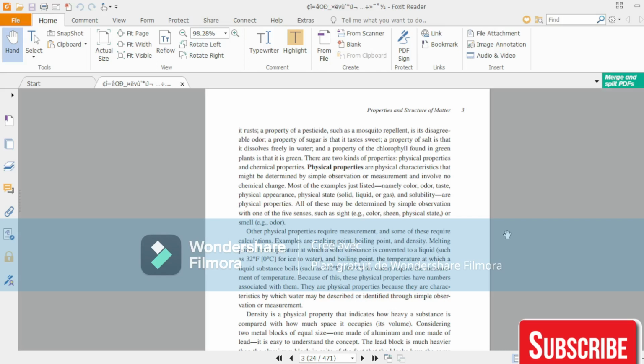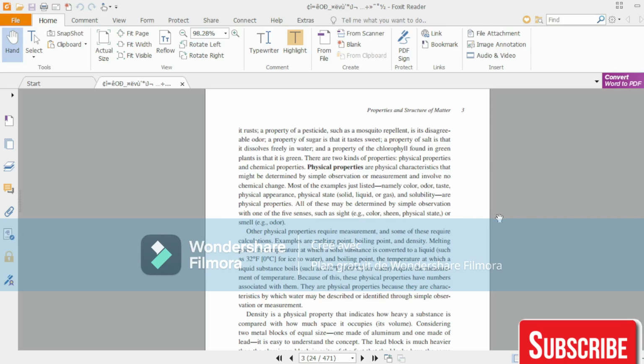There are two kinds of properties: physical properties and chemical properties. Physical properties are physical characteristics that might be determined by simple observation or measurement and involve no chemical change. Most of the examples just listed, namely color, odor, taste, physical appearance, physical state, solid, liquid, or gas, and solubility are physical properties.